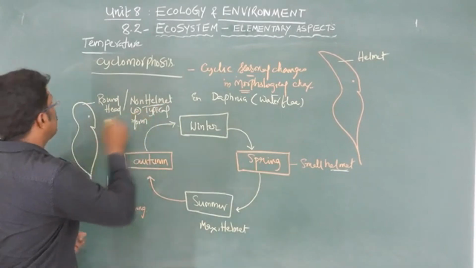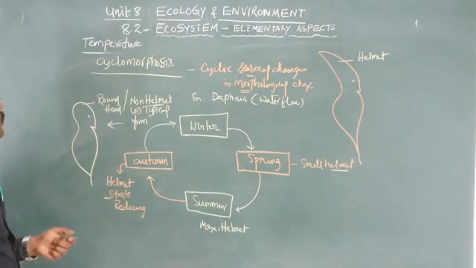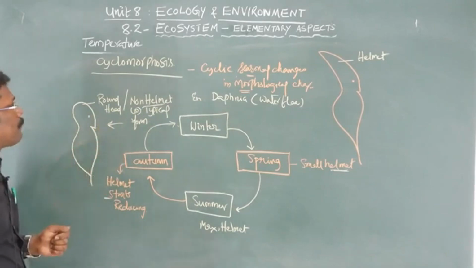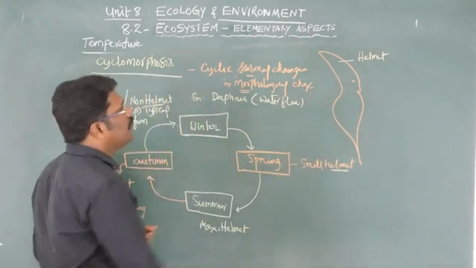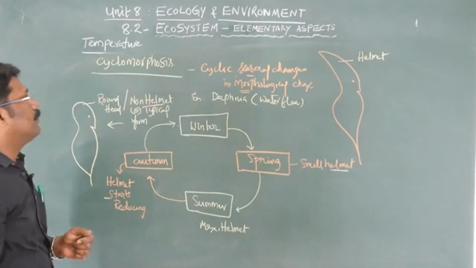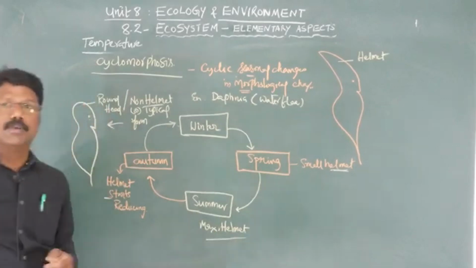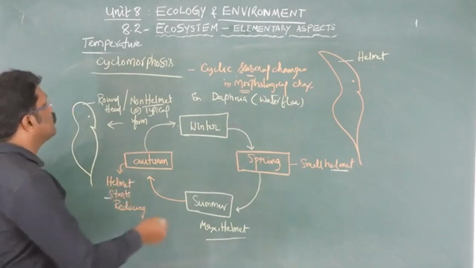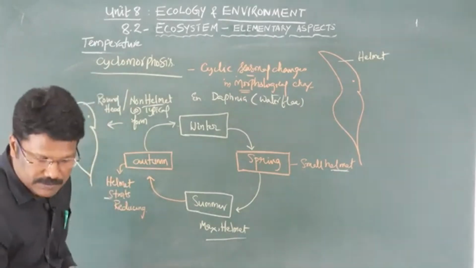So this is known as the non-helmet or the typical form, in which the head shows the round structure, and this is the helmet form, where we can see a helmet-like structure around the head, and the helmet will have a maximum size during the summer, and this is known as the cyclomorphosis.